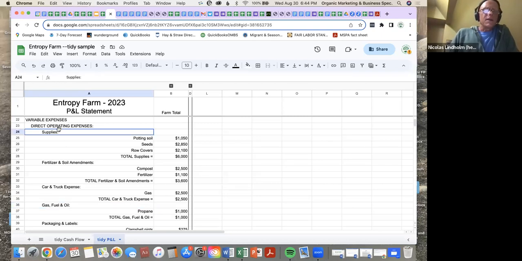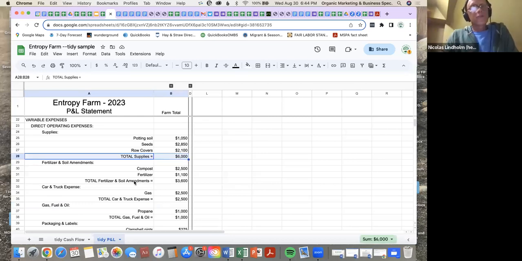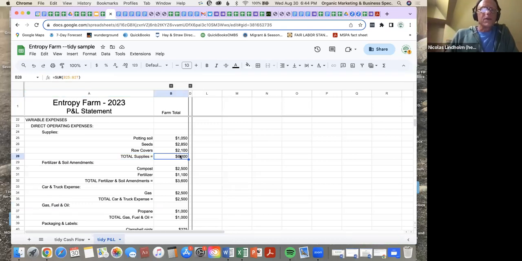Here is about as close to the Schedule F categories as I would coach a farm to get under a bigger parent category. And you can still subtotal each of these, because that helps when you're filling in your Schedule F. They have a line for supplies, and you can say, okay, right here on my chart of accounts for 2023, there's my supplies, and there's my fertilizer and soil amendments.